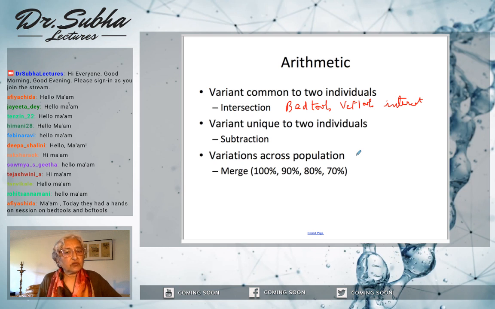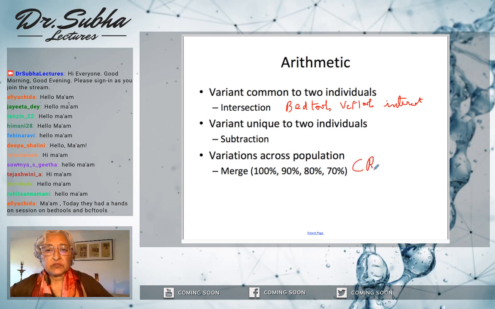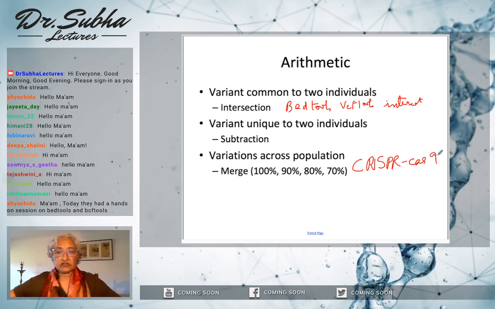Those are for engineering something, especially these days with this technology called CRISPR-Cas9, where if you want the entire population to have the benefit of something that you're going to be inserting, you want to insert it in a region that least changes evolutionarily. That is where variation across population comes in.